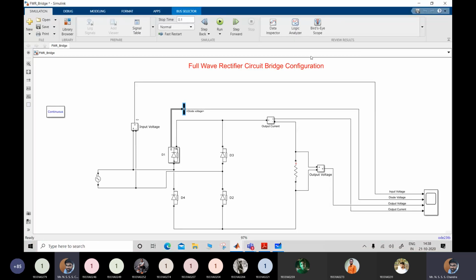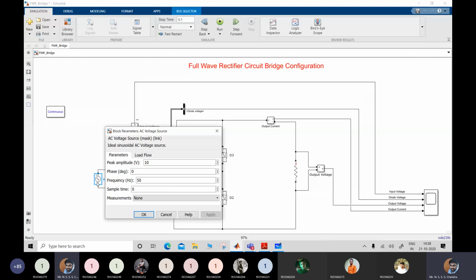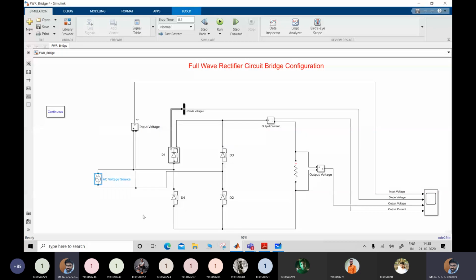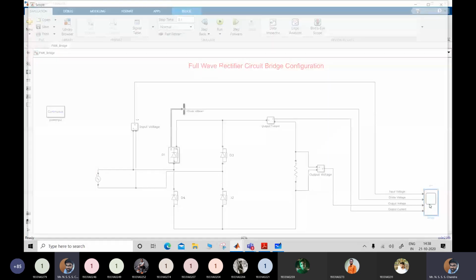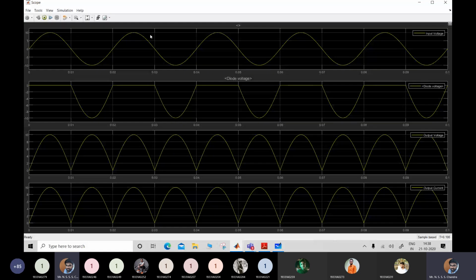Again, I have taken the simulation time as 0.1 seconds, and the magnitude of the input voltage I'm taking is 10 volts with 50 Hz frequency. Okay, now if I run this circuit and open the scope, can you see these outputs?